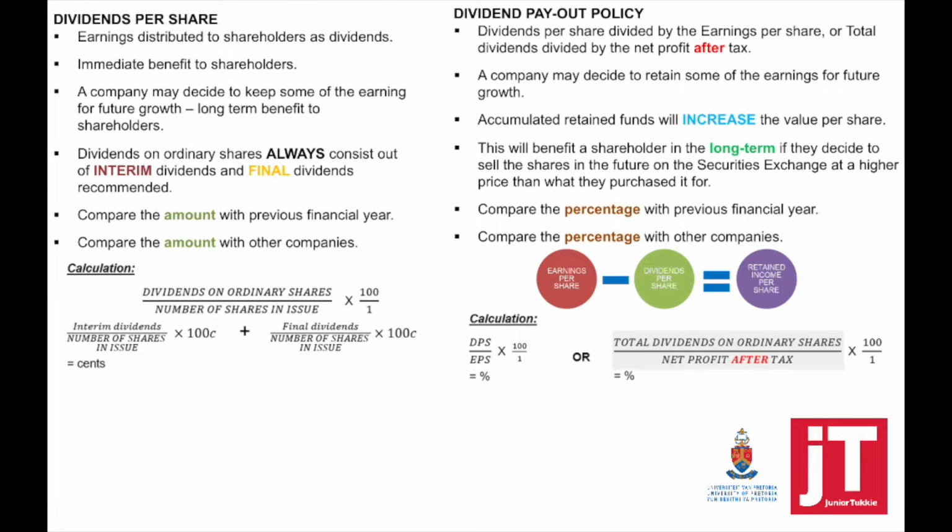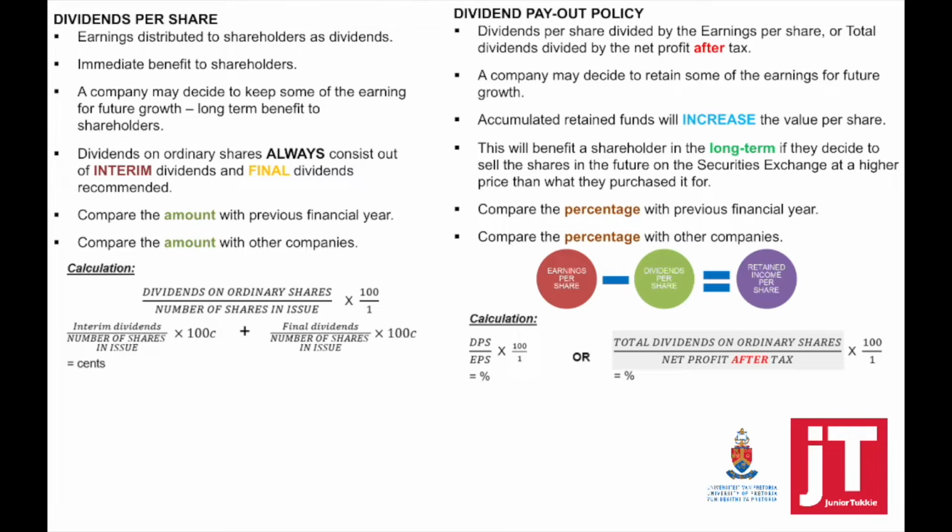Dividend payout policy. This tells us what percentage of the earnings is being retained and what percentage is being paid out in dividends. So when we're looking at our calculation, it's the dividends per share divided by the earnings per share.